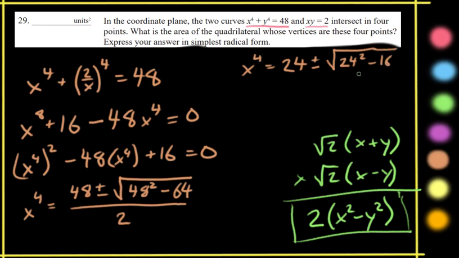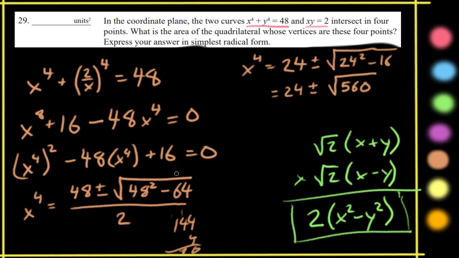At this point, I'm just going to figure out what 24 squared is. 12 squared would be 144, so 144 times 4 is 576. 576 minus 16 is 560. So this is going to be equal to 24 plus or minus the square root of 560.